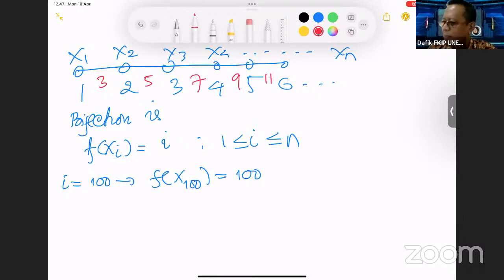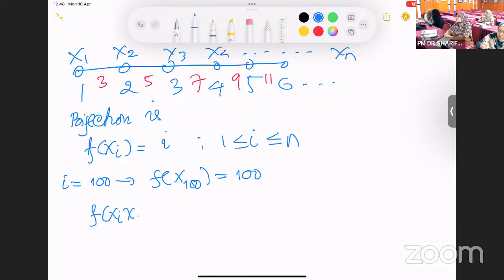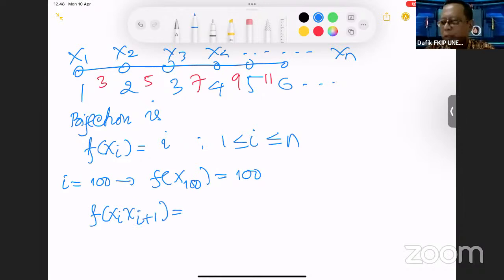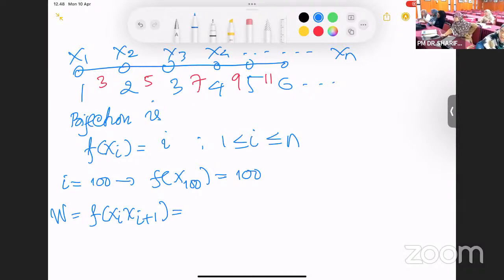Now you are asked about a bijection of edges. Actually, they're the same with edge weight. So what is the bijection? x_i plus 1. Look at that.